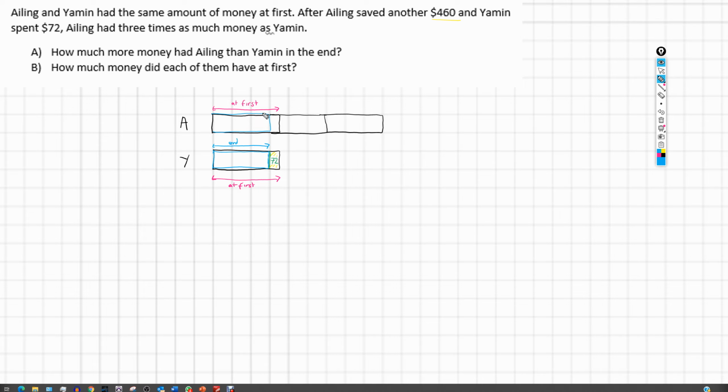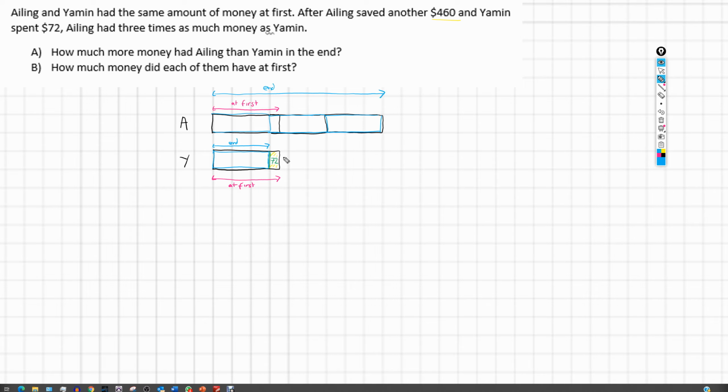So 1, 2, and 3. Okay, so hopefully you can now see that Ailing's new block is 3 times the size of Yamin's new block. Okay, so this is the end situation.